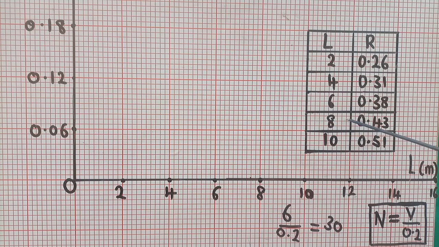Let us locate 8. Now we have replaced this v by 8. We now have 8 over 0.2. And the answer is equal to 40. What does this mean? To locate this 8 along this axis, count 40 unit divisions or boxes from the origin.